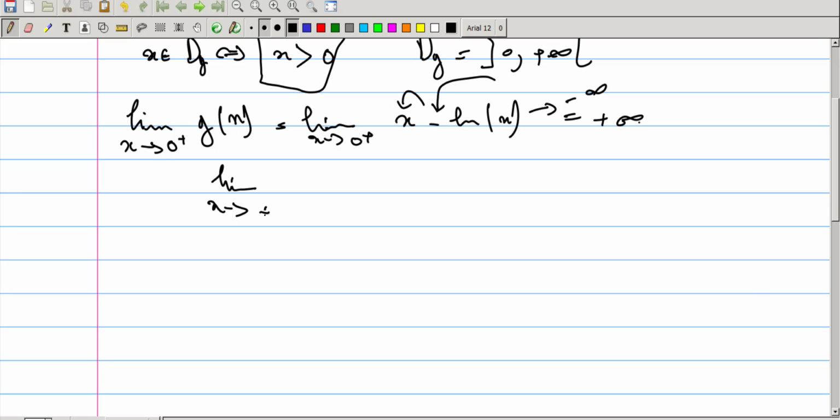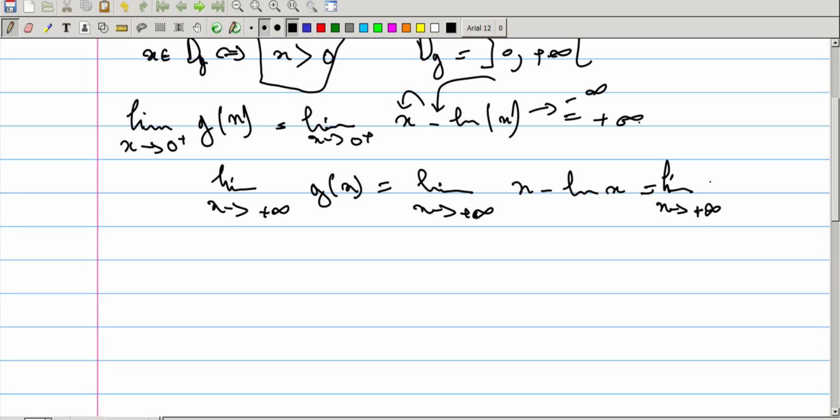Now let's move on to the next limit: x approaching plus infinity of g of x equals the limit of x minus ln x. First of all we have an infinity limit. Here we have an indeterminate form, so we will need to factorize with x to apply the reference limits.